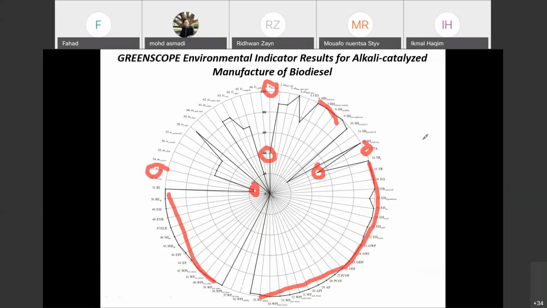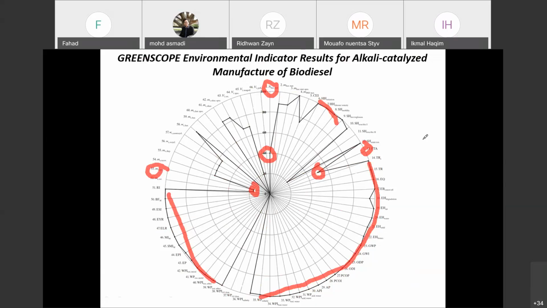I still remember that when I did my PhD, the city bus in Kyoto, Japan was using biodiesel.